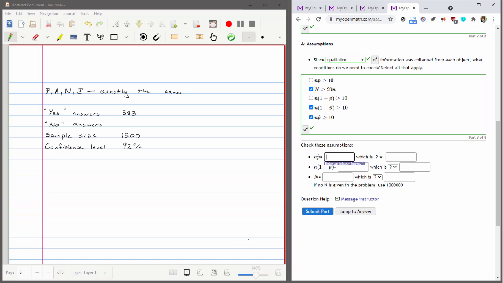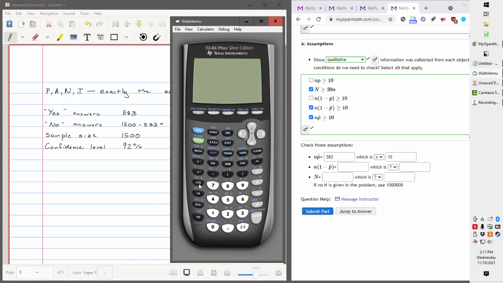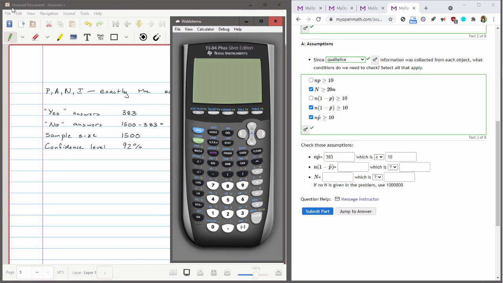This is the number of yes answers, 383. It's greater than or equal to 10. This is the number of no answers. That'll be 1,500 minus 383, that'll be 1,117.